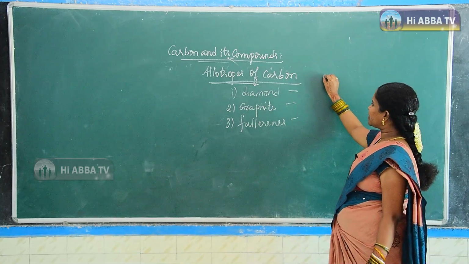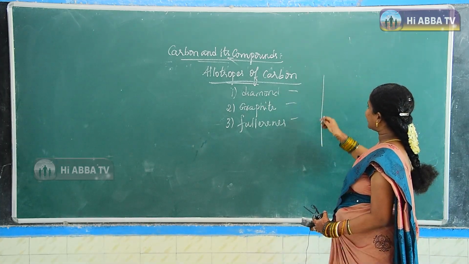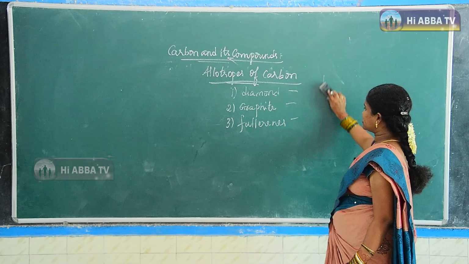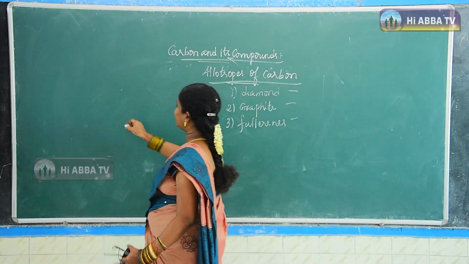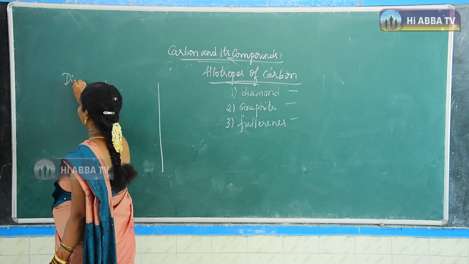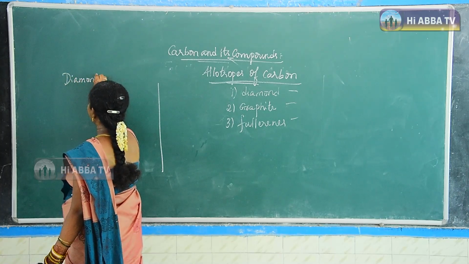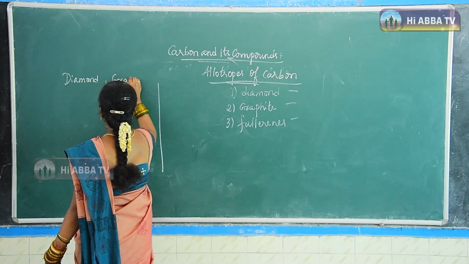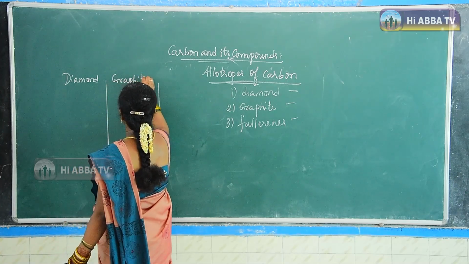We can keep in mind the difference between the allotropes of carbon, that is diamond, graphite and fullerenes.